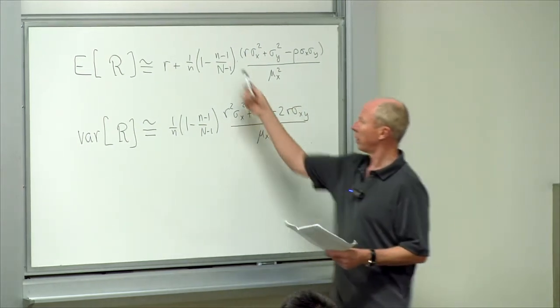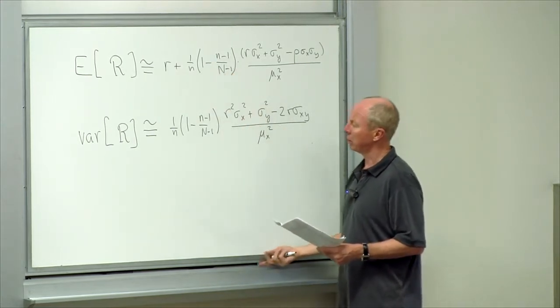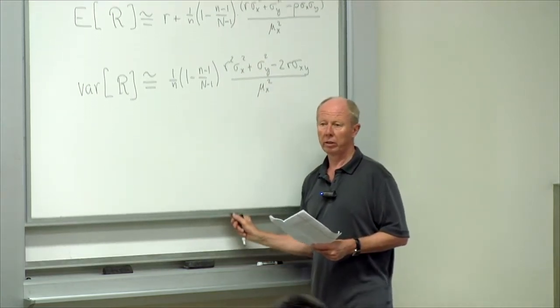Okay, so you probably recognize the finite population correction here. And where do these come from?